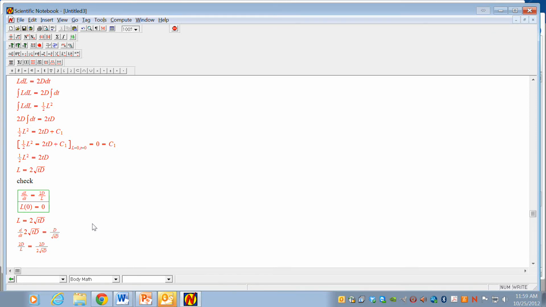So that's going to equal, the 2's just cancel, obviously, and we get the same form. So this is the left-hand side, and this is the right-hand side. They're equal. And so we verify that this result satisfies that equation.